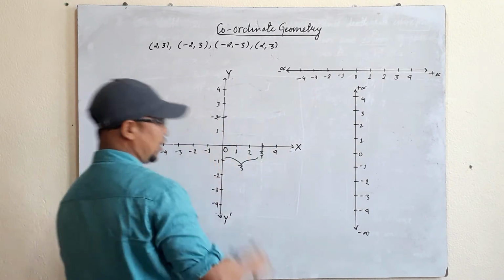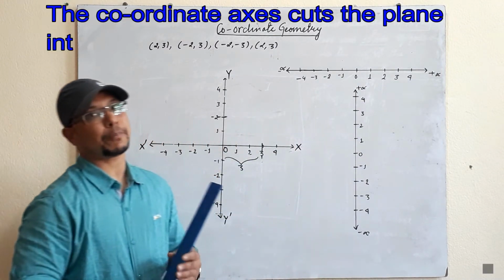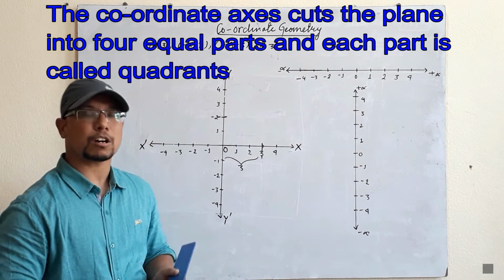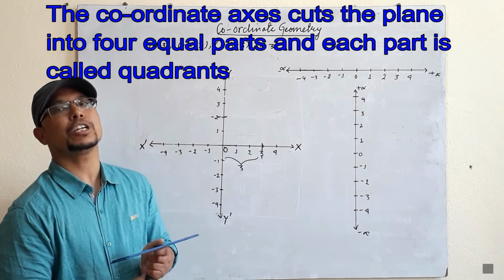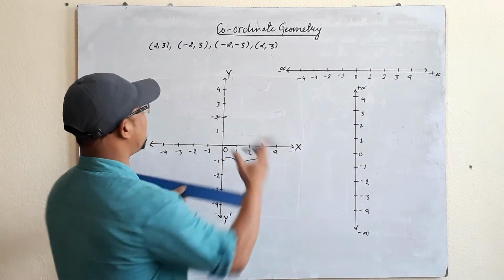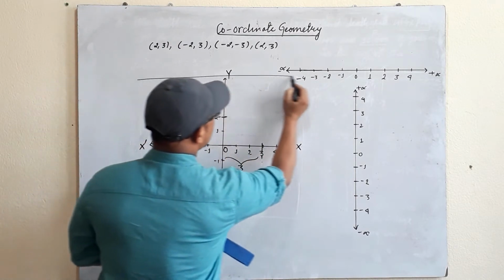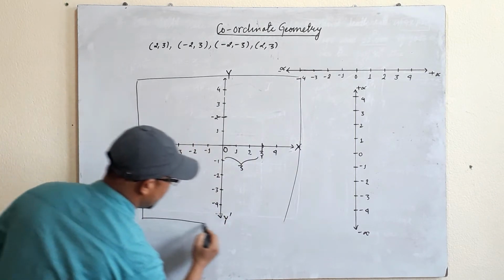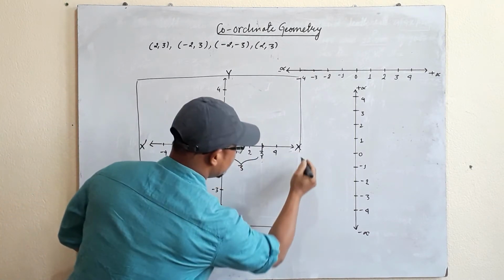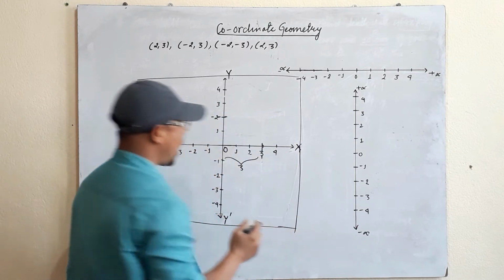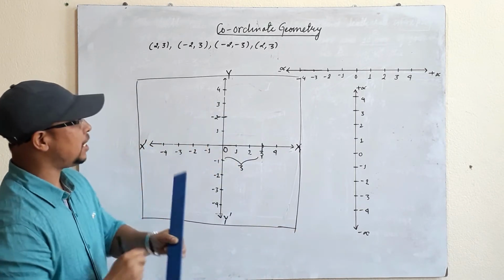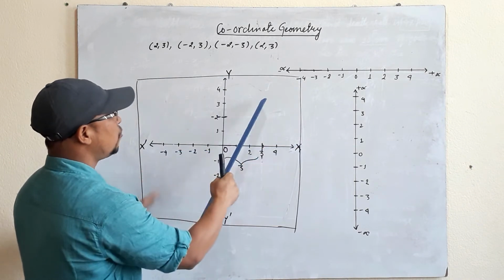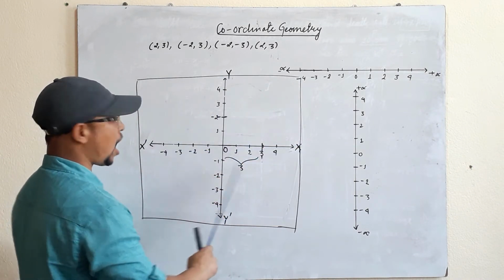Two mutually perpendicular axes cut a plane into 4 equal halves. That means if you construct a plane here, let us suppose this is a plane, this plane is intersected by the mutually perpendicular axes into 4 equal halves.